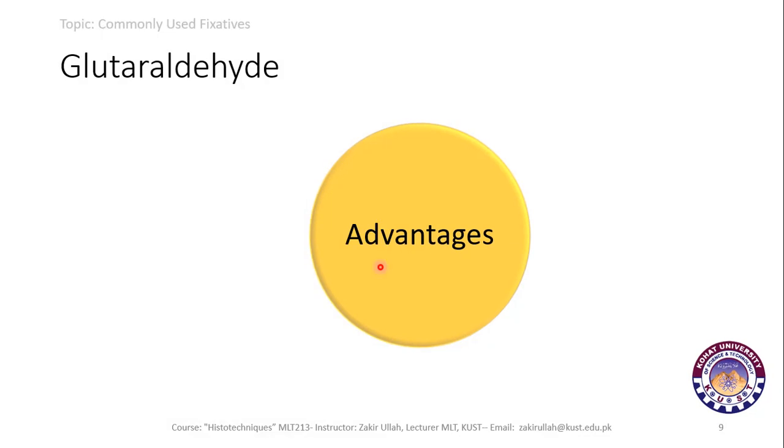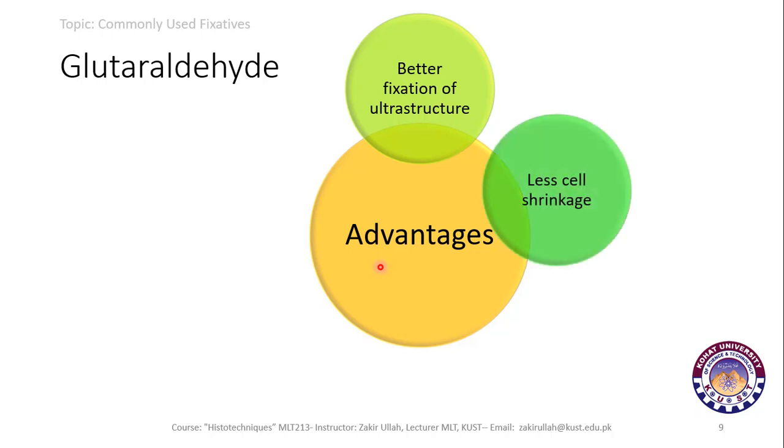What are the advantages of using glutaraldehyde? The first one is that it fixes the ultrastructure of the tissues better than other fixatives, and it causes less shrinkage of the cells.